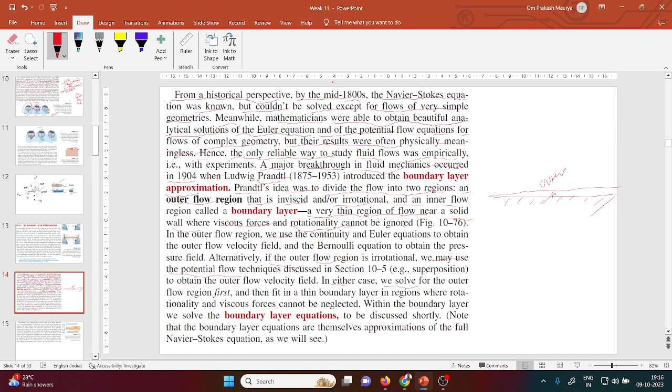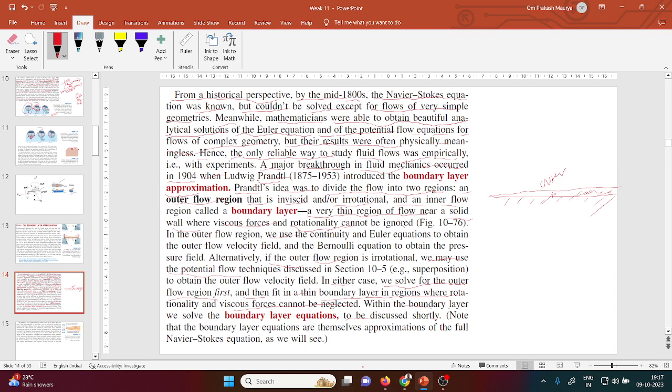In either case, we solve for the outer flow region first and then fit a thin boundary layer in the region where the rotationality and the viscous force cannot be neglected. Within the boundary layer only, we solve the boundary layer equations, to be discussed shortly.